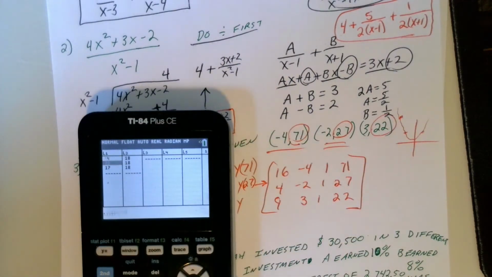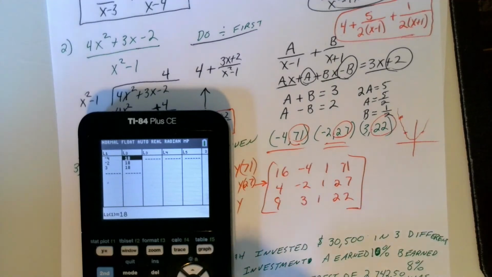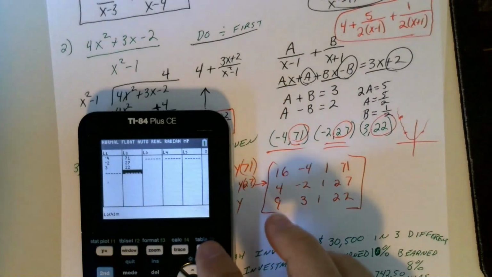So -4 and -2 and 3, and then here we go. We got 71 and 27 and 22. And I'm all set there.